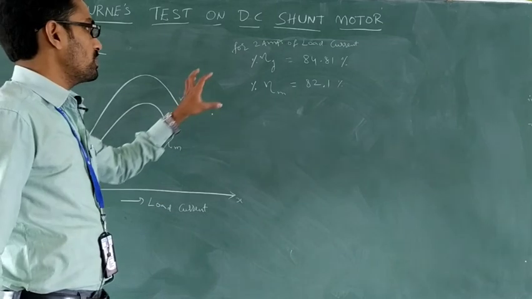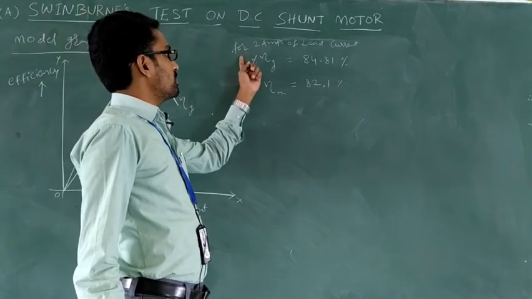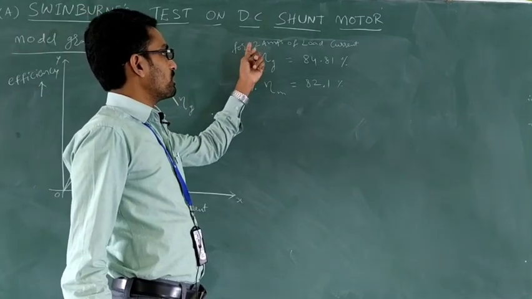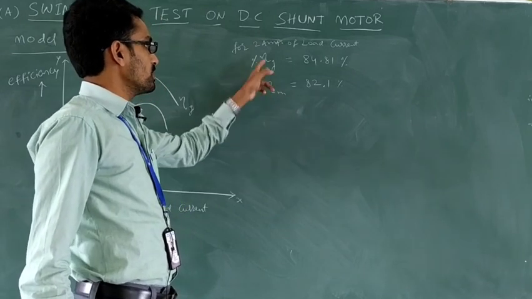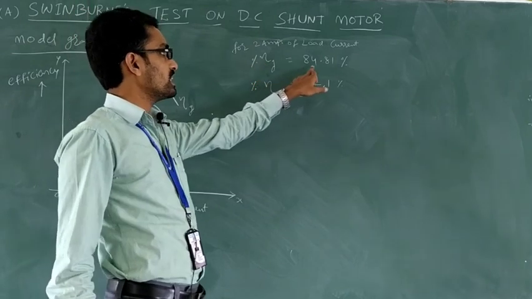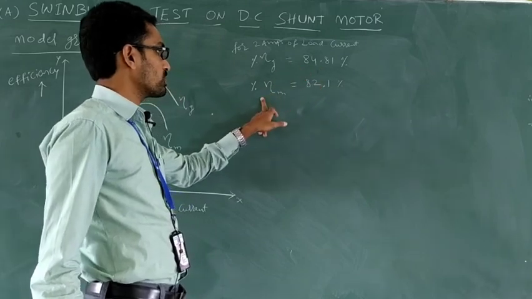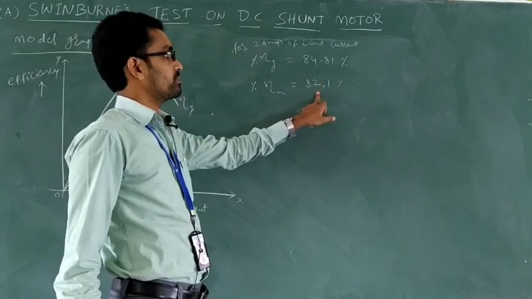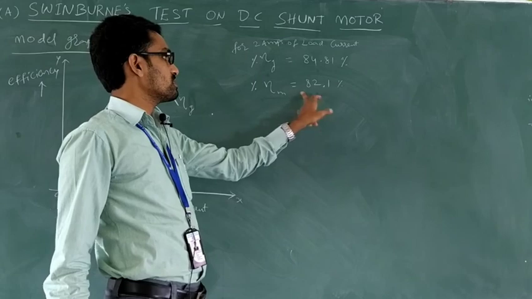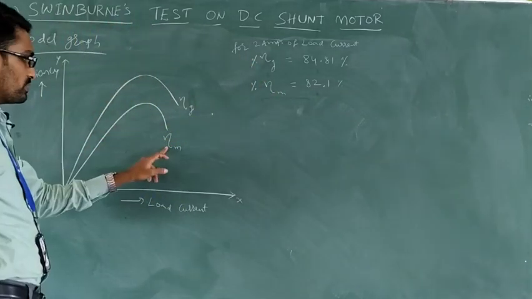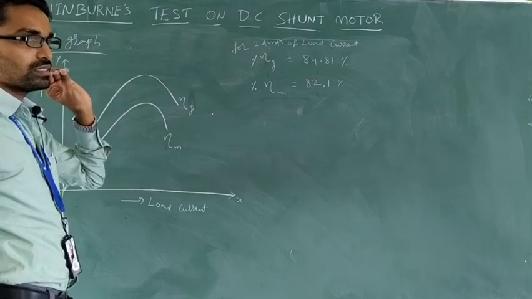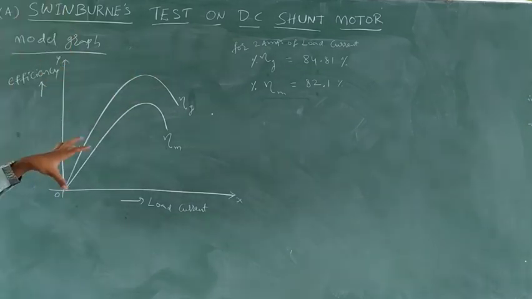As I have performed the test for 2 amps of load, and calculated the efficiency for the generator as well as for the motor, we have got 84.81 for the generator and 82.1 for the motor. That means the motor efficiency is less than the generator efficiency. Your graph is also the same. So this is your model graph.